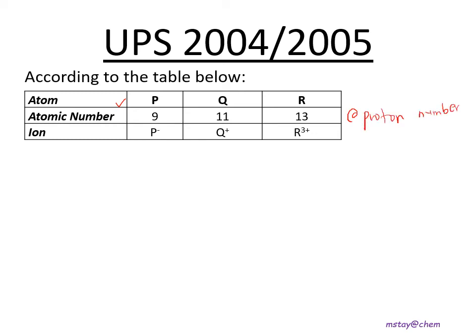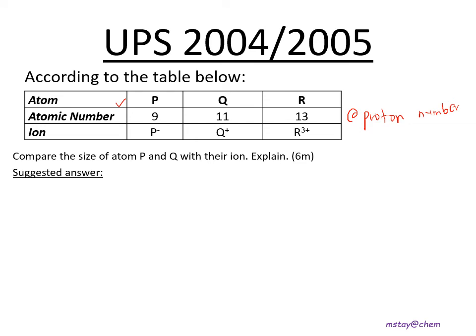Then they let us know what will happen to the atom if they gain or lose electron. Compare the size between P and Q with their ions. In this case, you want to compare P and P negative, and then Q and Q positive, 2 pairs. One pair is between P and P negative, another pair is Q and Q positive.